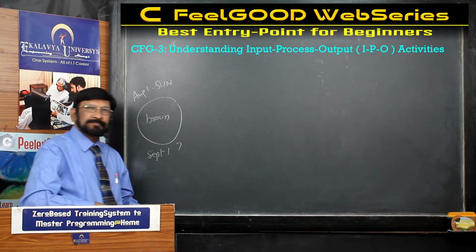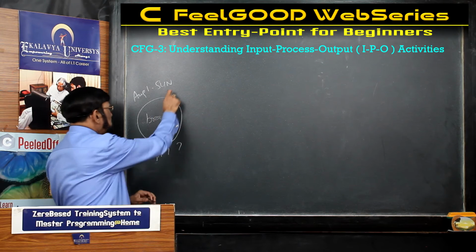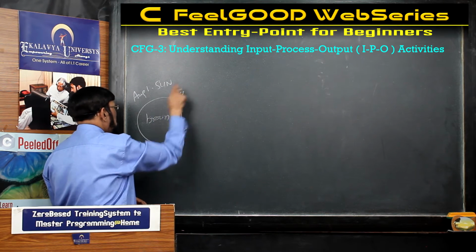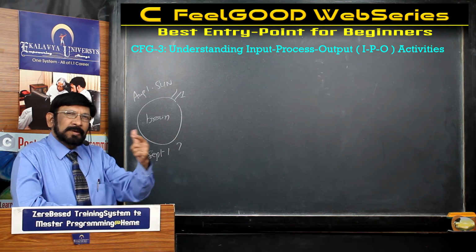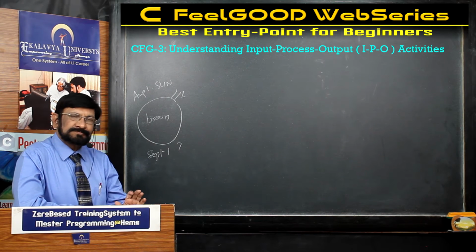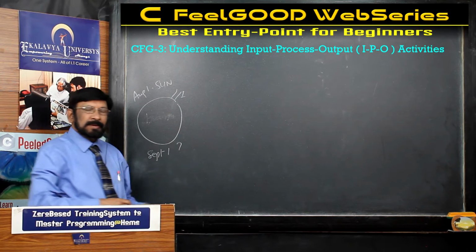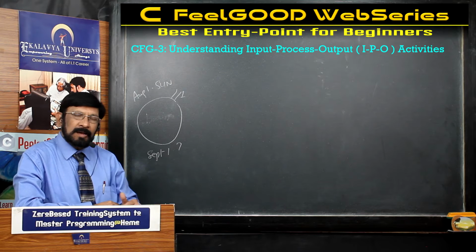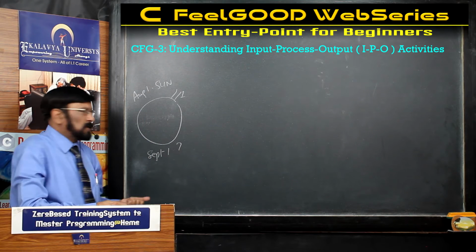You give this input to your brain, asking what the day is on September 1st. What does your brain do? Your brain does the process. How does it process it? According to a logic.